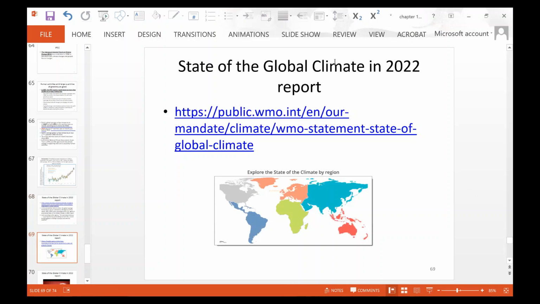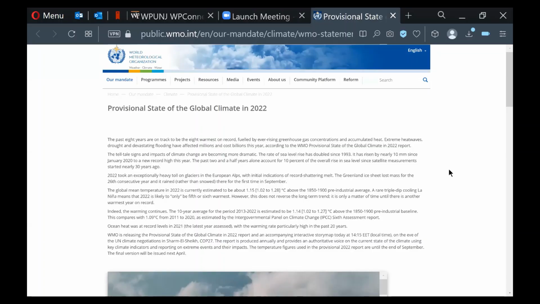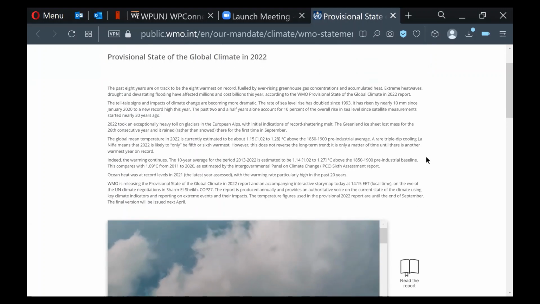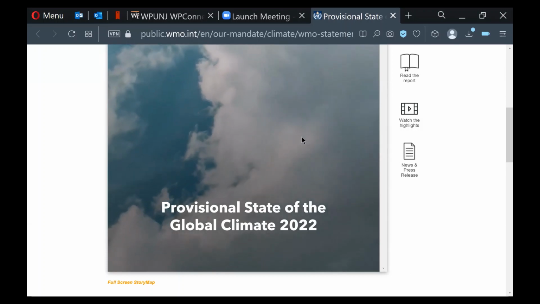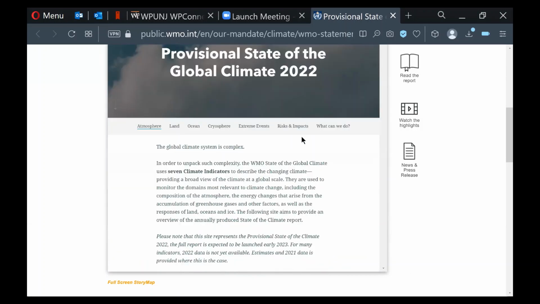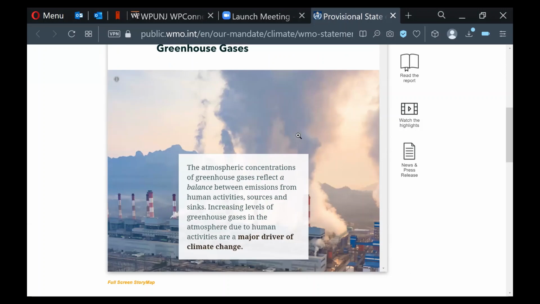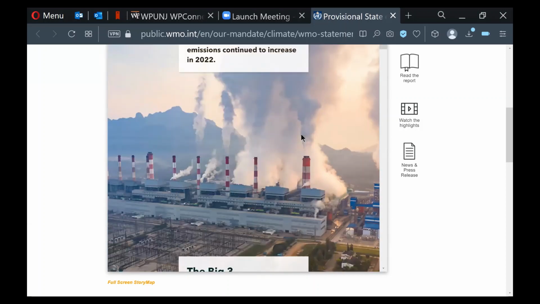And here is a website related to this report where you can click on the different areas of the world and it gives you some information. So let me go show you that. So I'm here at this website and there's a whole lot of information, and then you scroll down and there's information about greenhouse gases.